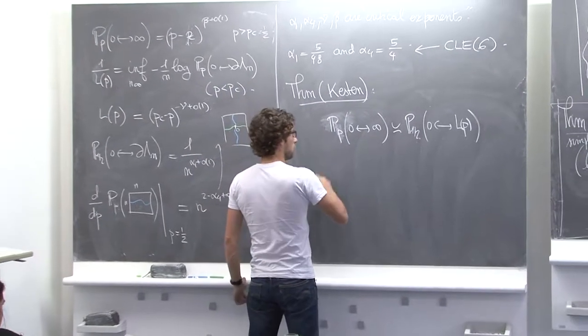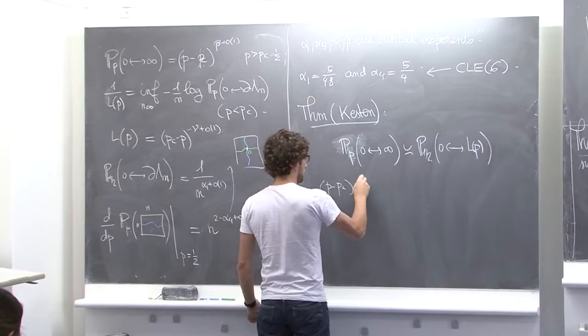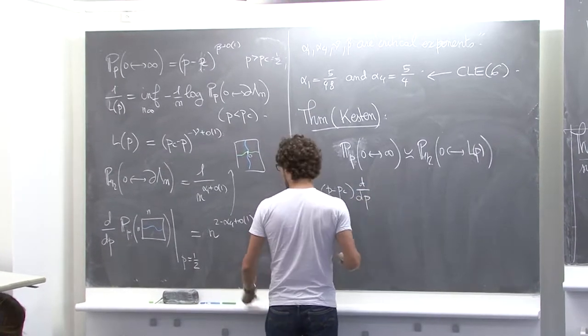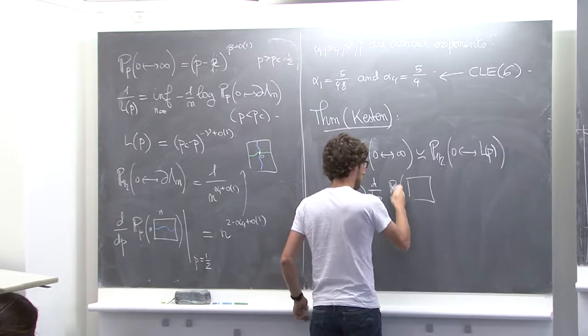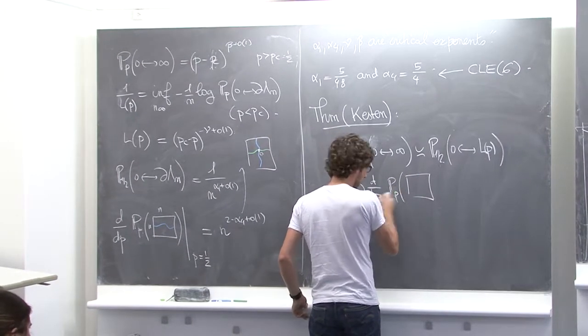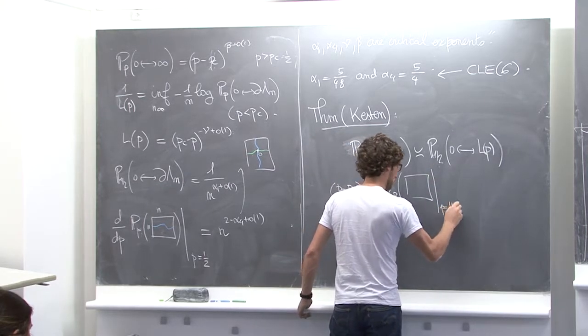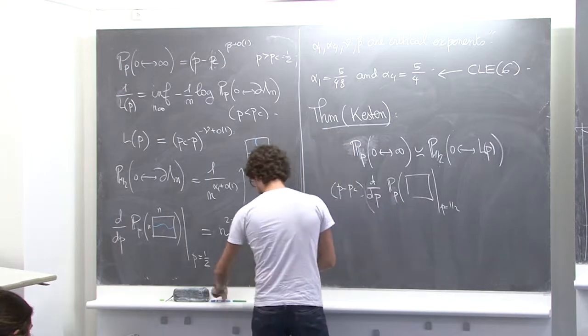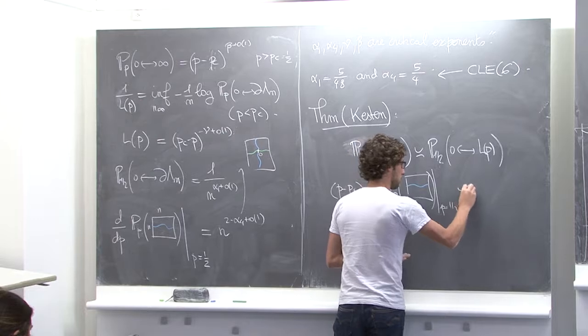Notice, and there is another one, which is that (p minus p_c) times the derivative of the probability at 1/2 of this thing is roughly 1.